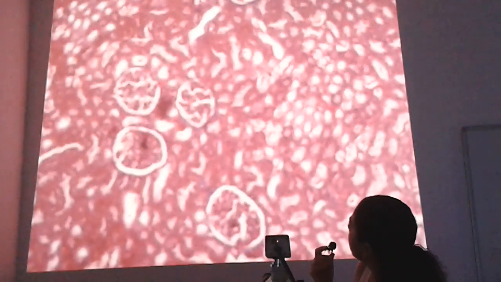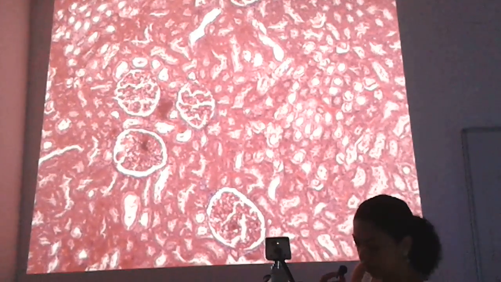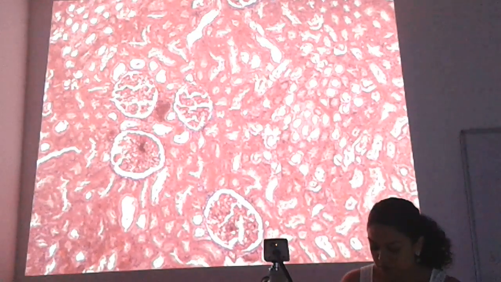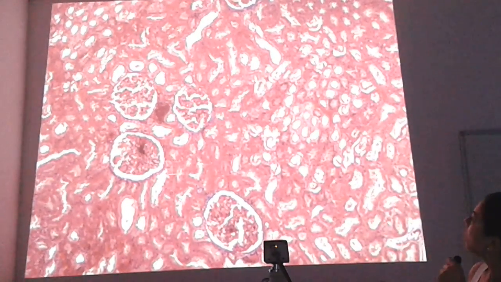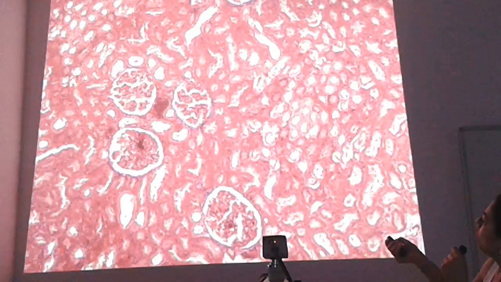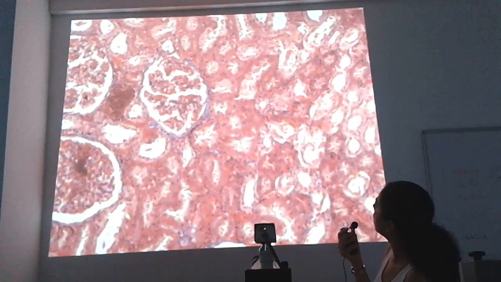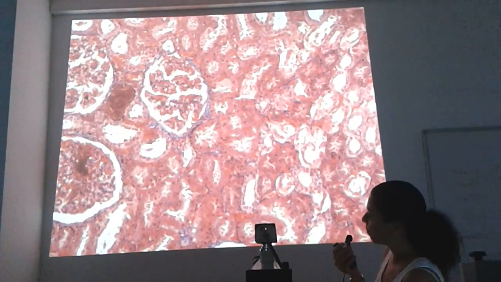So this is the lowest magnification. In this lowest magnification, you will see lots of tubules like this. It's not easy to distinguish at the lowest magnification, so I put it into higher magnification.